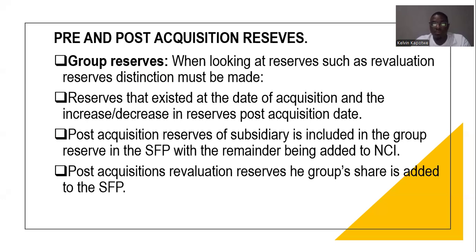Post-acquisition reserves of the subsidiary are included in the group reserves in the statement of financial position, with the remainder being added to the NCI. If there's a movement in the pre-acquisition reserves, that movement needs to be shared between the parent and the NCI. Okay, so that is how you deal with that.